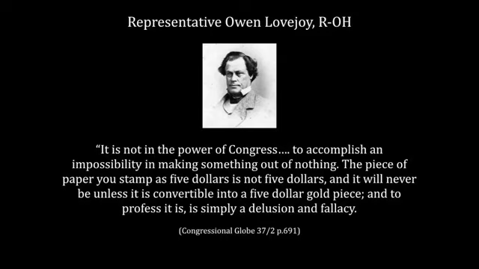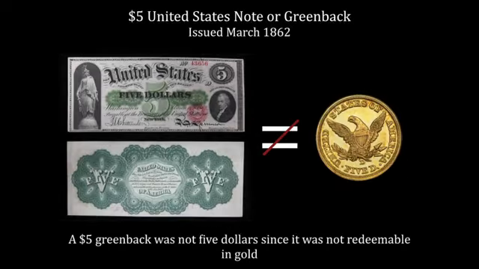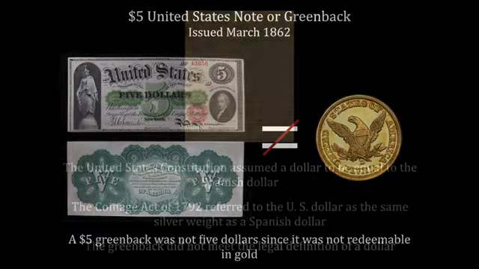The piece of paper you stamp as $5 is not $5, and it will never be, unless it is convertible into a $5 gold piece, and to profess it is simply a delusion and fallacy." In Lovejoy's opinion, in order for a dollar to be a dollar, it had to be convertible into a precious metal. He believed Congress's attempt to call an irredeemable piece of paper a dollar was simply delusional.